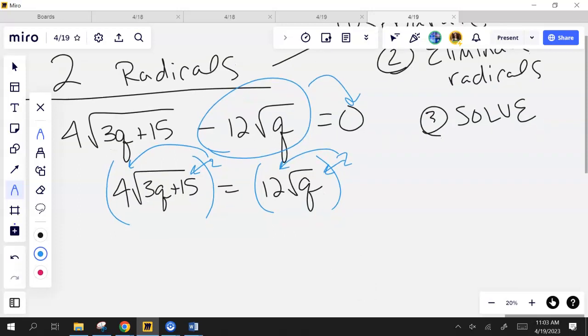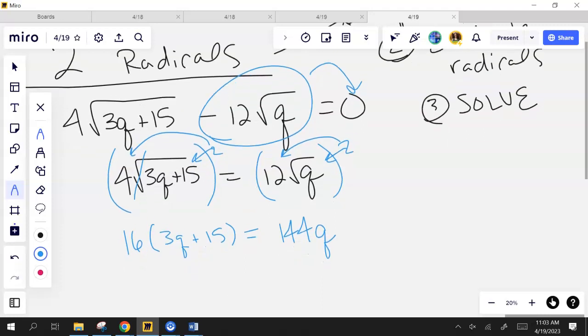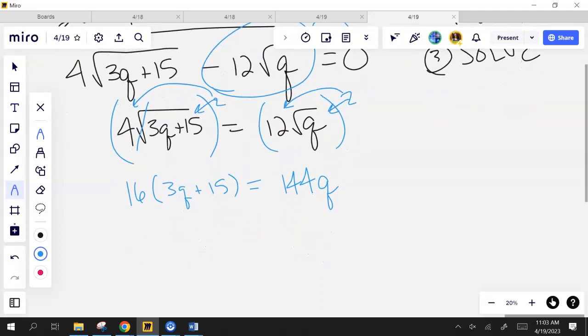So 16 times, and then this goes away with that, 3q plus 15. 144. So if I distribute this 16, I get 48q plus 225 plus another 15, or 240.